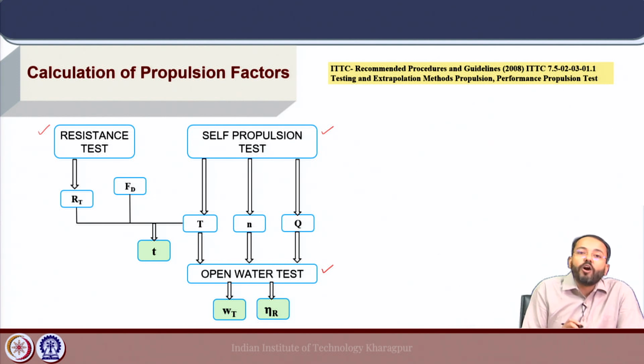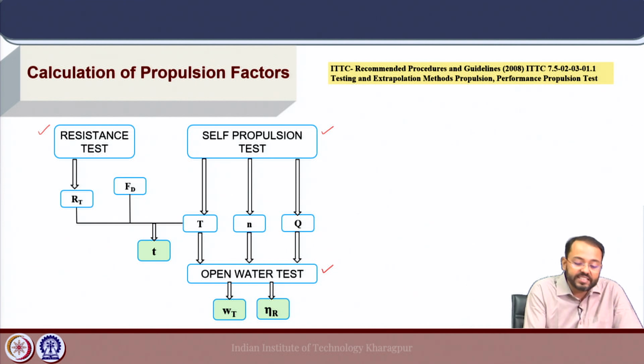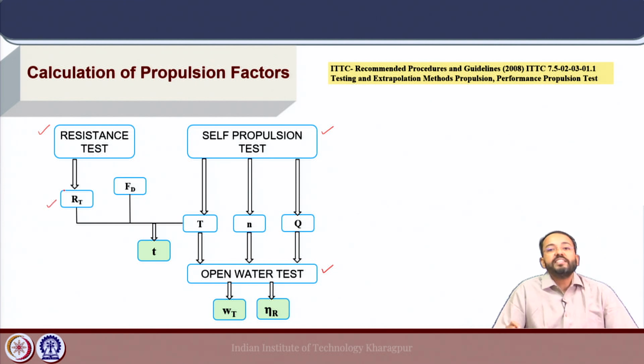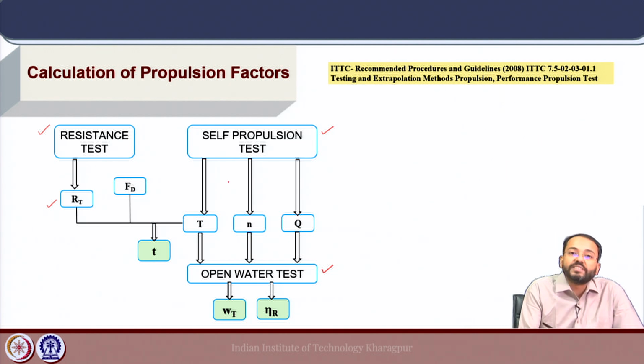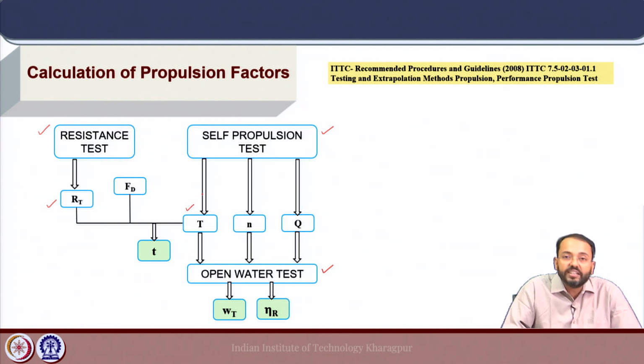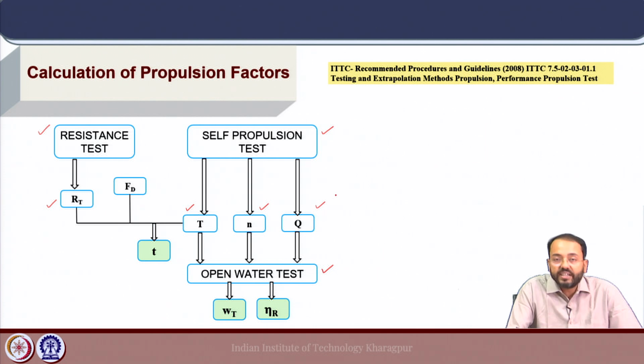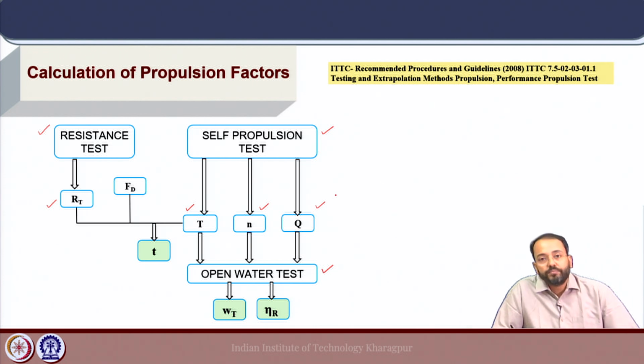Now, what is the output of the resistance test? We have the total resistance of the model. From the self-propulsion test, what are the measured values? The propeller thrust, RPM and propeller torque.